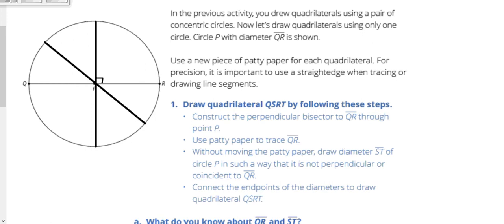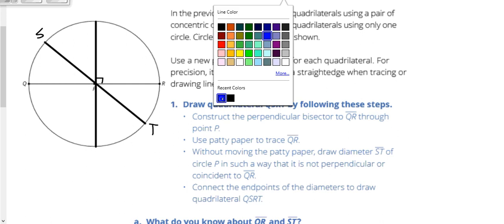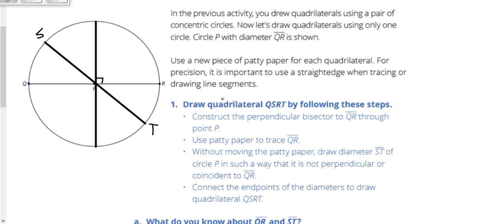And we are going to label this ST. Label S and T. Okay, so we're going to label that ST. And we are going to connect the endpoints here. So we're going to connect Q to S with a line.